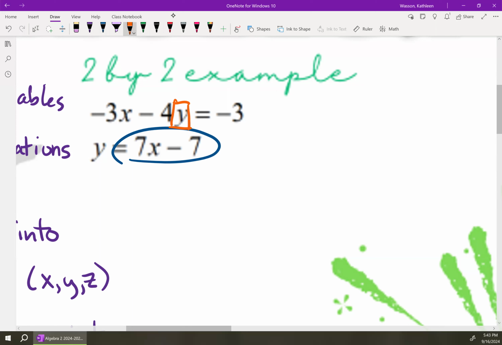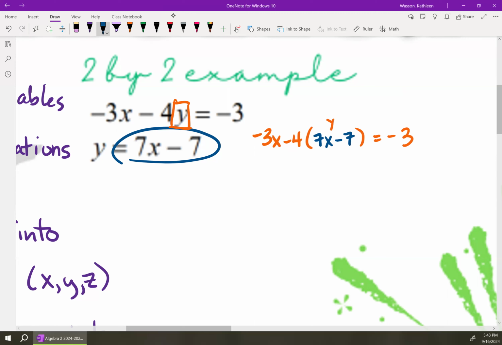So I'll rewrite this first equation as negative 3x minus 4, and I will substitute for y. And this is equal to negative 3. When I substitute, I will write the expression from the second equation so I can combine these.